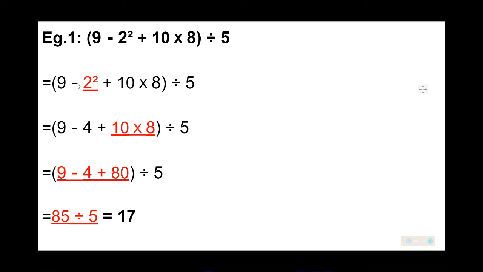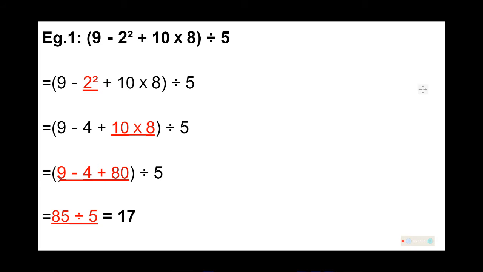After the B we have O, which is orders, and we could see we have 2 squared here. So that is going to work out to give us 9 minus (4 plus 8 by 10). After orders is division, and we have no division, so we are going to do next our multiplication, and will end up with 9 minus (4 plus 80).